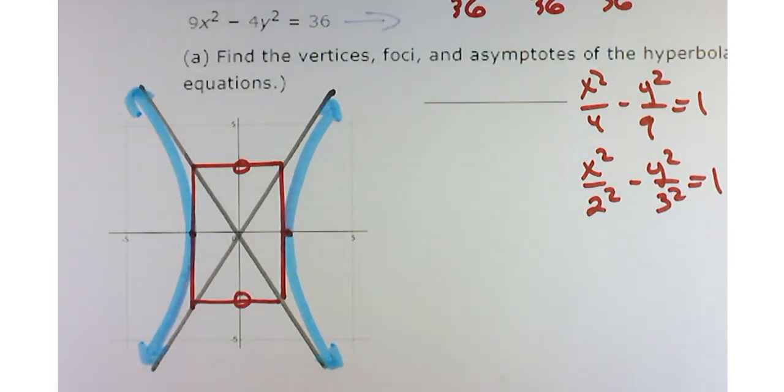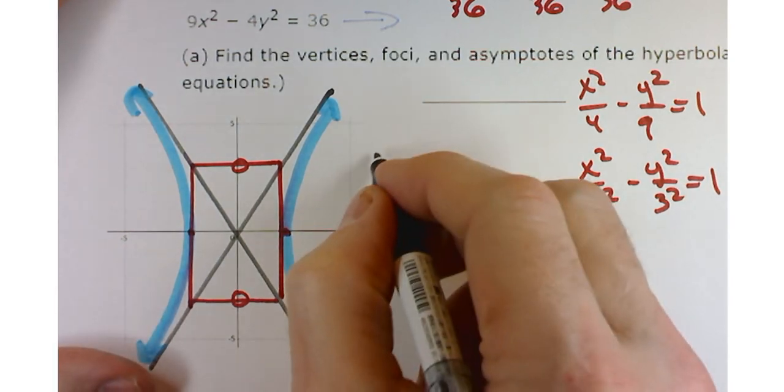So looking good. There's a couple things left that we'll find. Quick question. What's the length of the transverse axis? Ooh, see if you still remember that one. For now, let's figure out what c is.